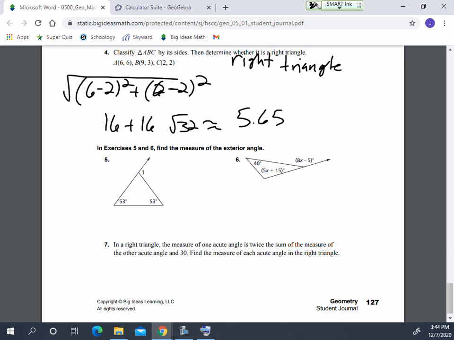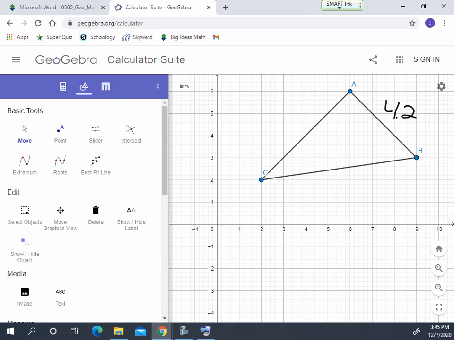We'll say 5.66, round up, 5.66. Okay, so that's point A to C.